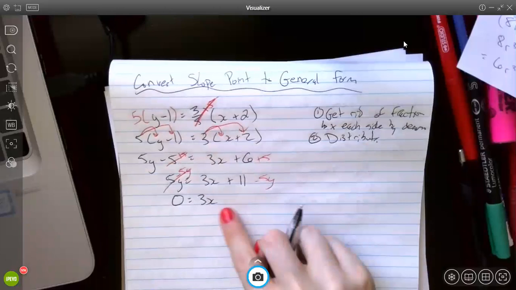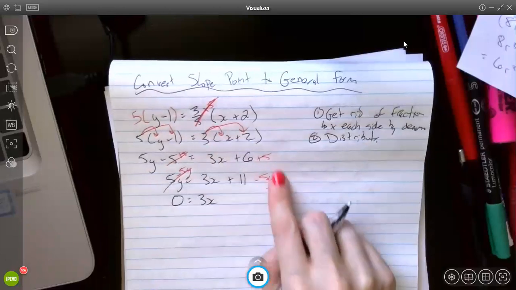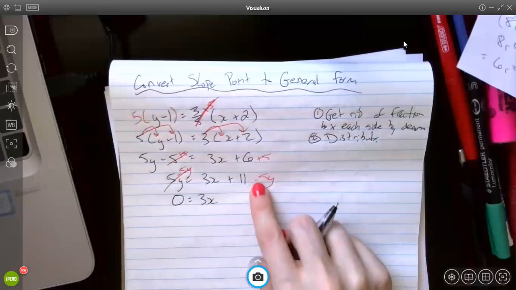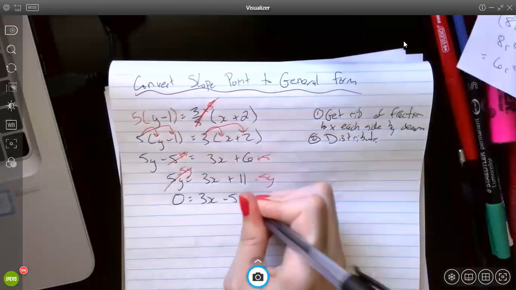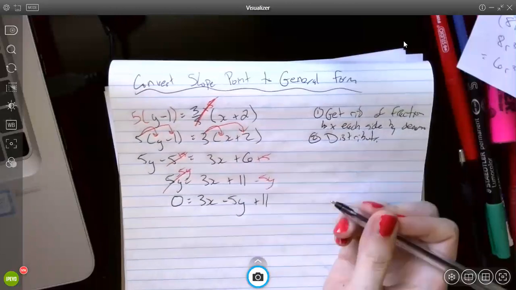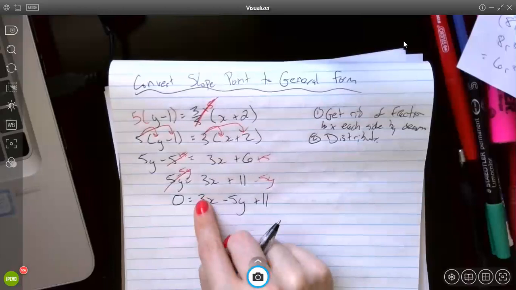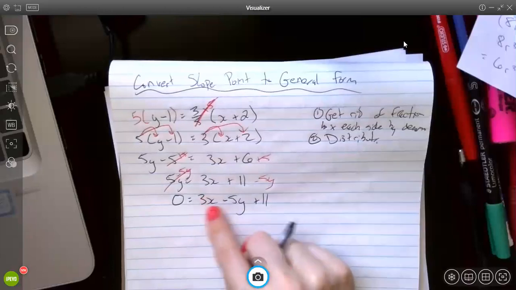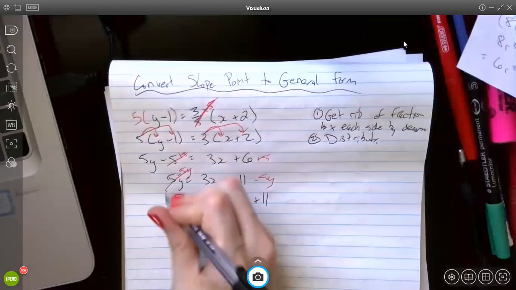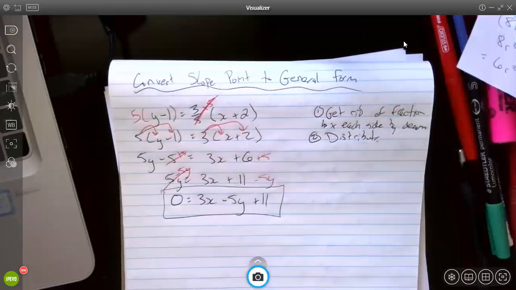Again, I want my y to be second, so I'm going to grab the entire -5y, including that negative sign in front of it, and then move the positive 11 to the back. And now I just want to make sure that my coefficient in front of my x is positive, and it is. All my numbers are whole numbers, so that is my final answer.